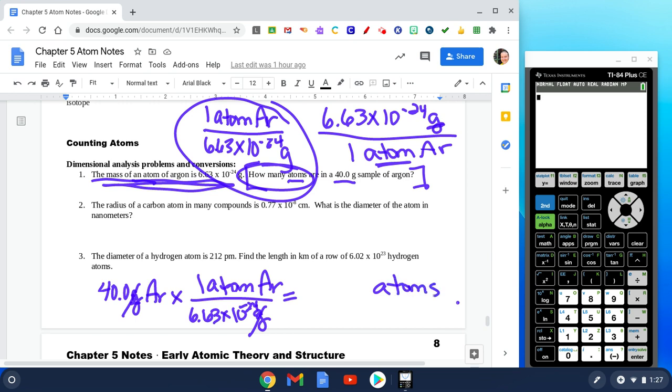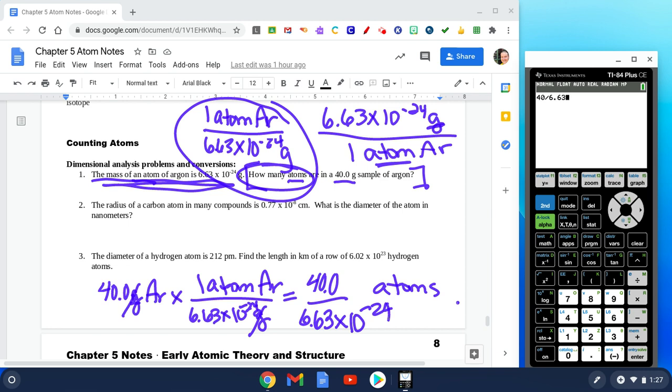So we're going to multiply by what's on the top. So 40 times 1 is 40. And then we're going to divide by the number on the bottom, 6.63 times 10 to the negative 24. So I'm going to put this in my calculator. I'm going to say 40 divided by 6.63.